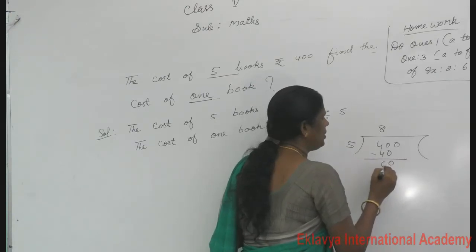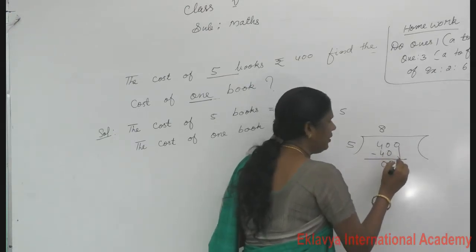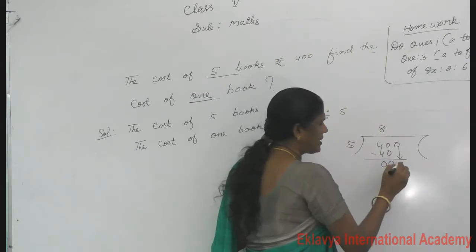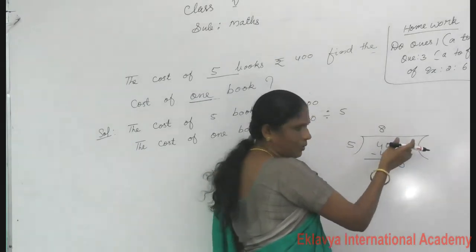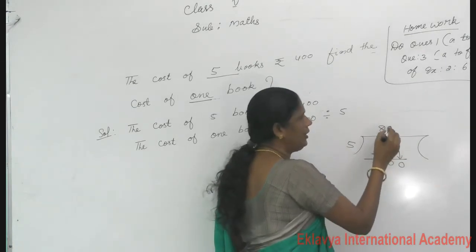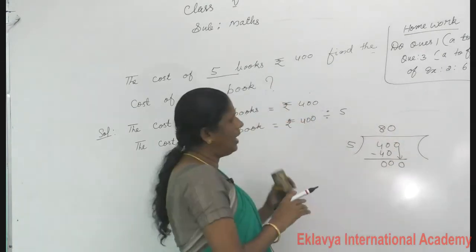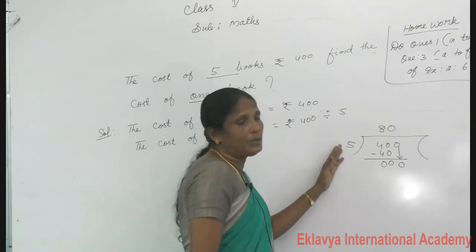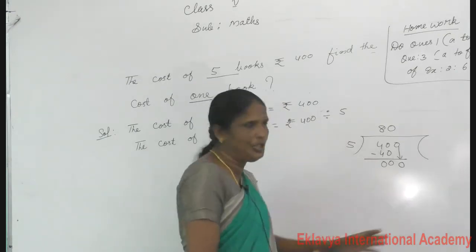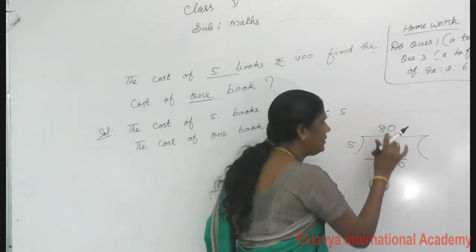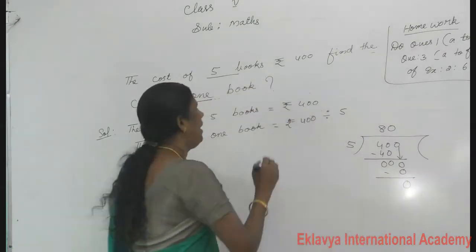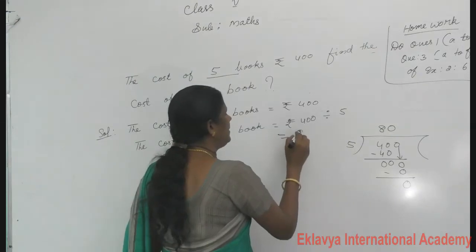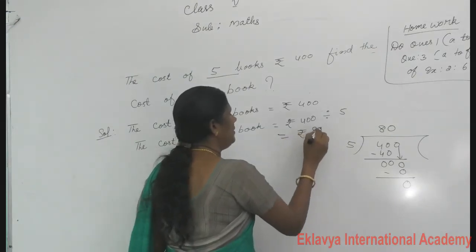Then 0, 0. This 0 comes down, and you put this 0 in the quotient also. Now how many times does 5 go in 0? 0 times, therefore we put this 0 here. Our answer is rupees 80.